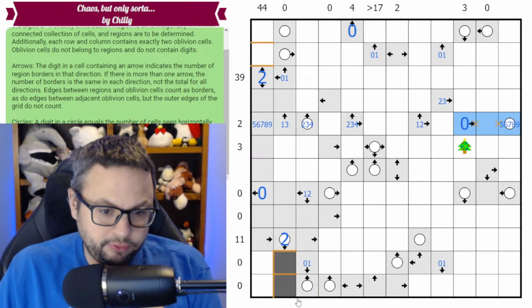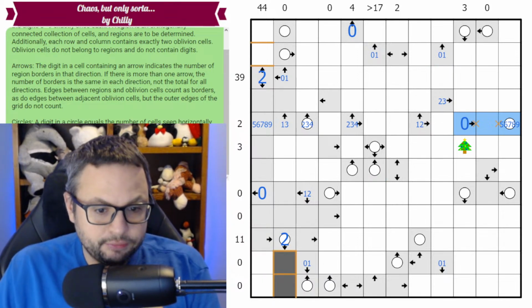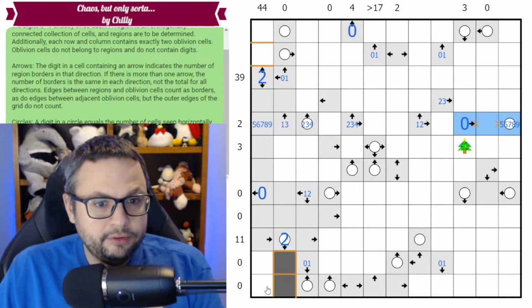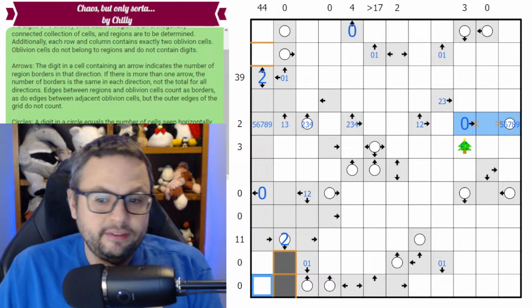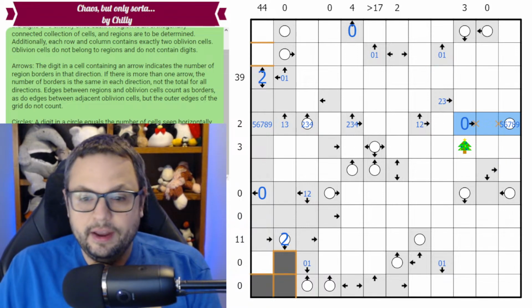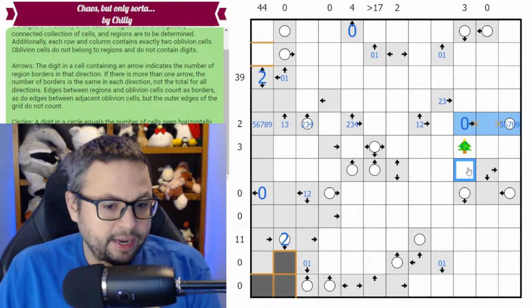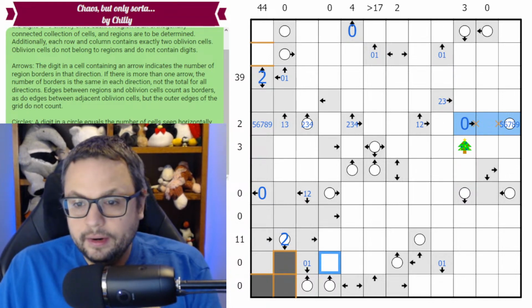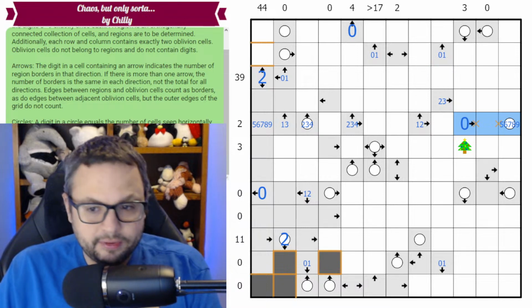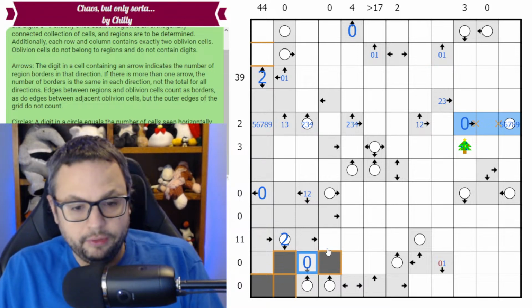So we get borders on the Oblivion cells in every direction except the edge. And so now we know that this has to be an Oblivion cell. And so this is not an Oblivion cell. Okay, good. So the thing I tried to disprove earlier is what happens, as so often happens, because I'm now needing to make a 1-cell sum to 0.